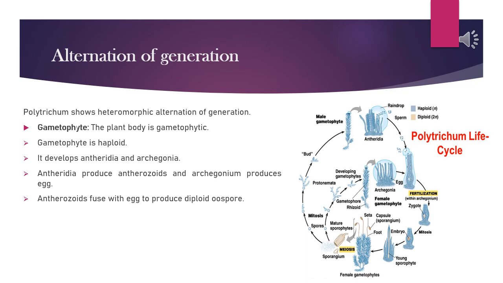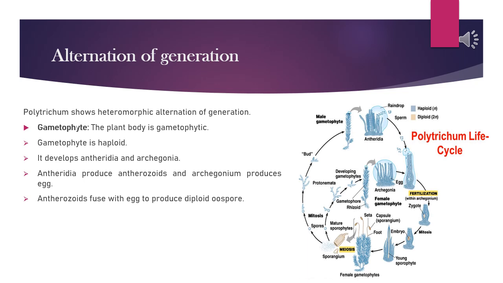As I told you in the beginning, Polytrichum shows a gametophytic plant body. The gametophytic plant body has both male and female reproductive structures, which are the antheridia and the archegonia.